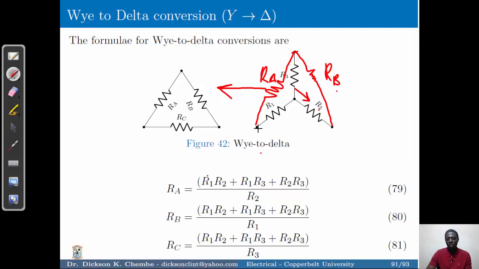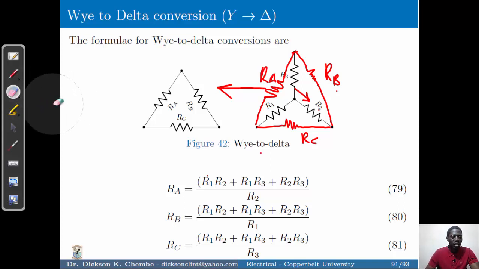Equally, when we come to the formation of RC, you notice opposite is R3, which is the denominator in that case. These are the ways that we use to convert a Y and delta or Y-to-Delta circuit.